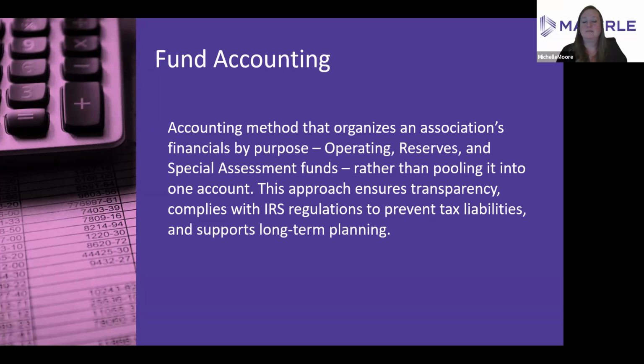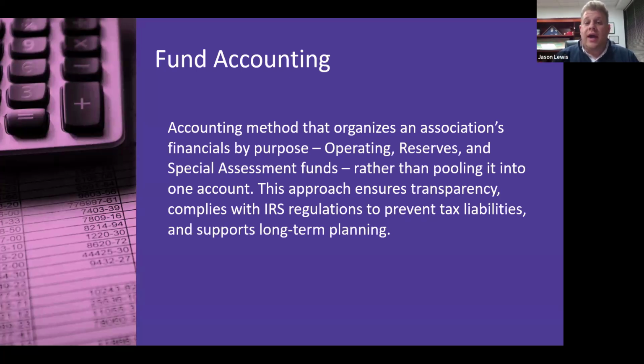Excellent. So let's talk about fund accounting. As you may have noticed on your balance sheets and your income and expense statements, you see two different areas. You have the operating account in one column on the balance sheet, with your operating expenses, and then a second section for your reserves. You'll also notice in your income and expense statements a separate set of ledger items related to reserve transactions.